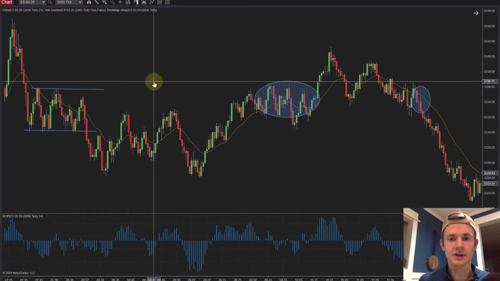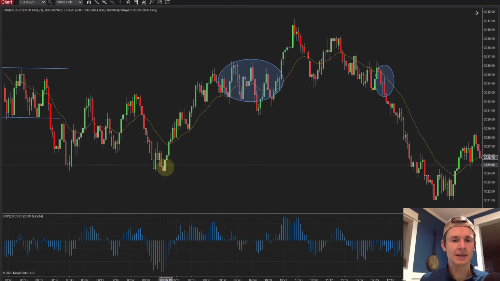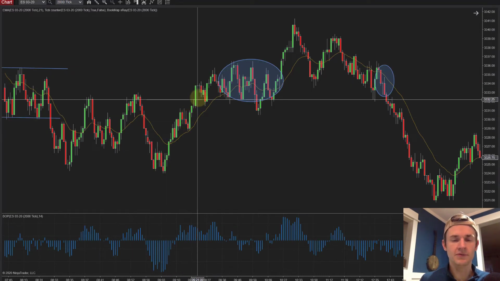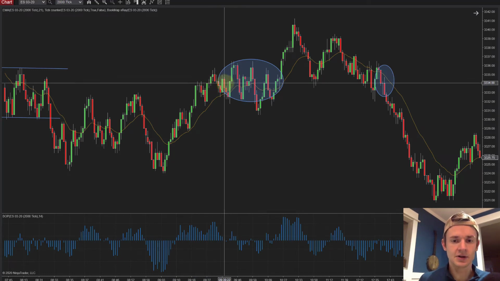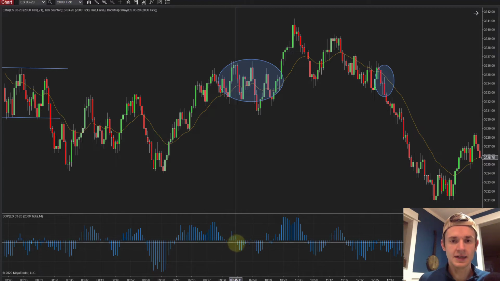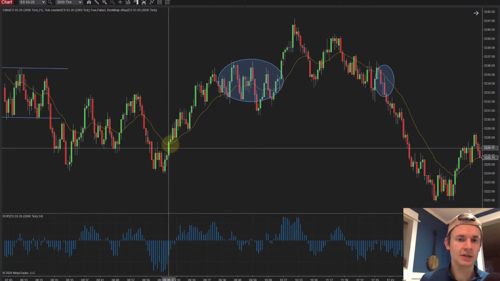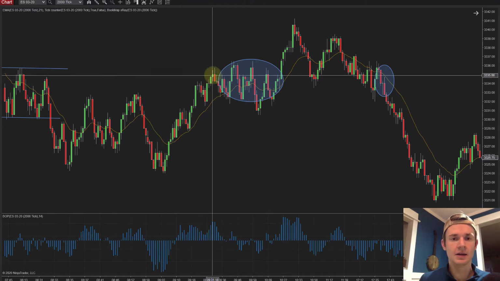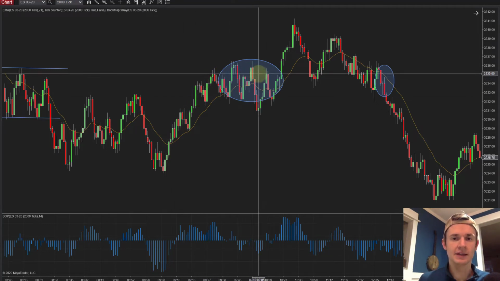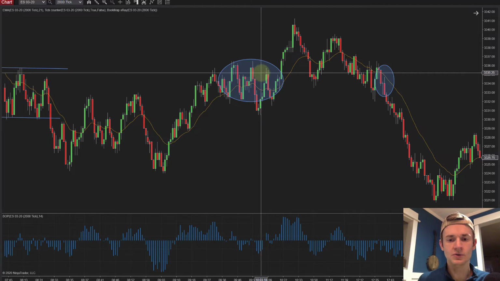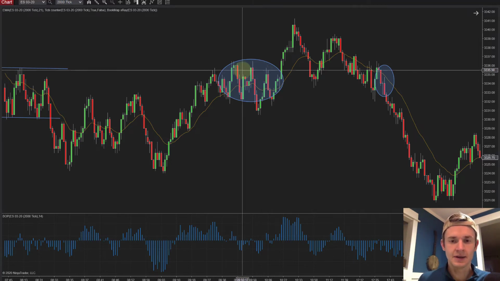And so if we keep going over here, this is the same concept again. You had this strong move back up here, and then we start consolidating, and the balance of power right here is super weak. So in this situation, if you had got in somewhere along this trend, then this might be signaling that it's about time to get out.